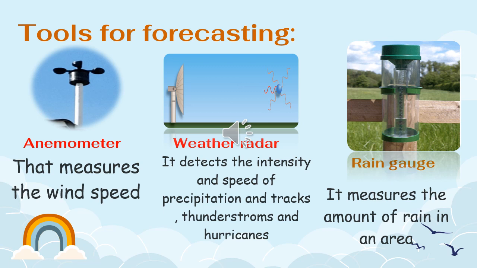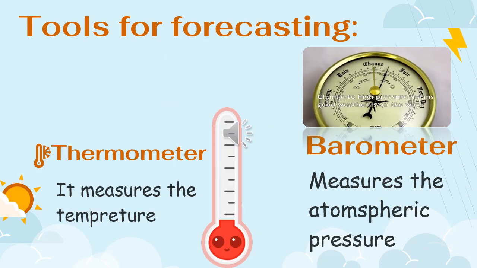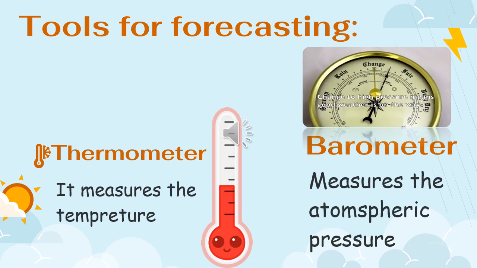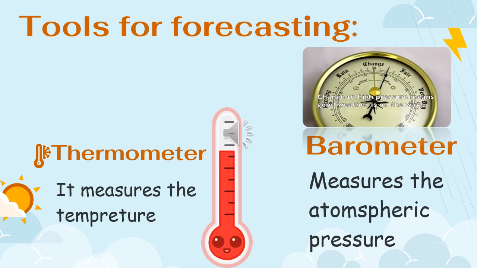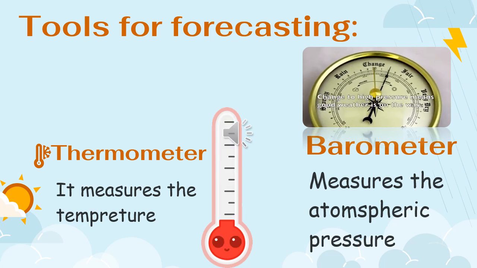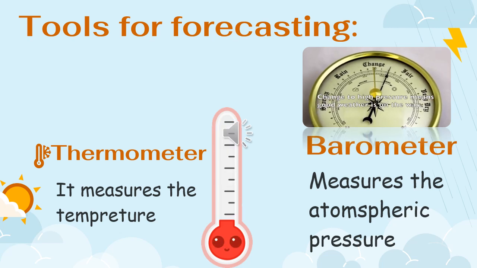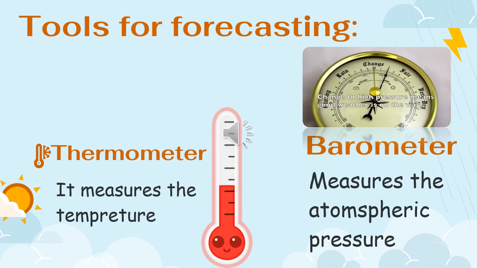The anemometer is used to measure the speed of the wind. He also needs to measure the temperature, so he uses a device called a thermometer. Repeat after me, thermometer. He can also use a barometer, which is used to measure the atmospheric pressure.